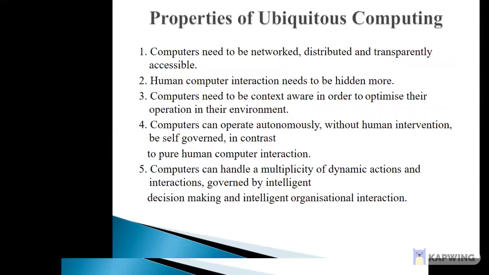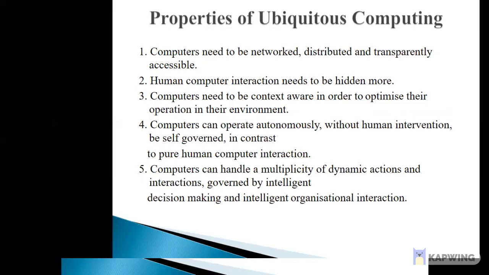Properties of ubiquitous computing. Computers need to be networked, distributed, and transparently accessible. Human-computer interaction needs to be in hidden mode. So if you are using the HCI concept, how the human will interact with the computer and the physical environment should be hidden. So this is the main property of ubiquitous computing. Computers need to be context aware in order to optimize their operations in their environment.